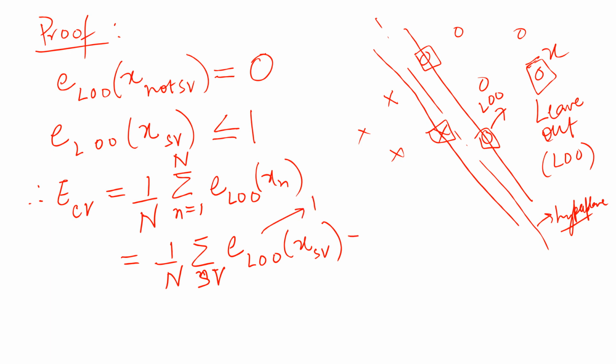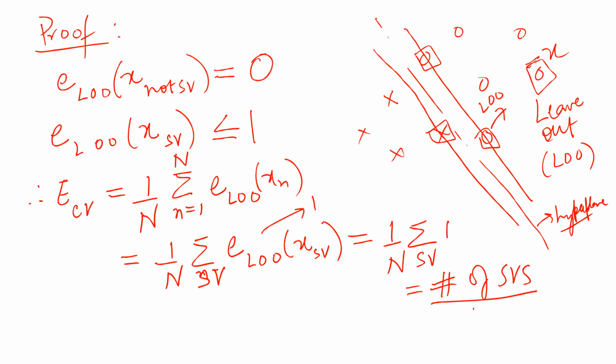That's the max possible. So what I'll do is sum over all support vectors of 1, which is nothing but the number of support vectors, over N, which is the denominator here. All right, so this is the end of the proof. This is what I wanted to prove.